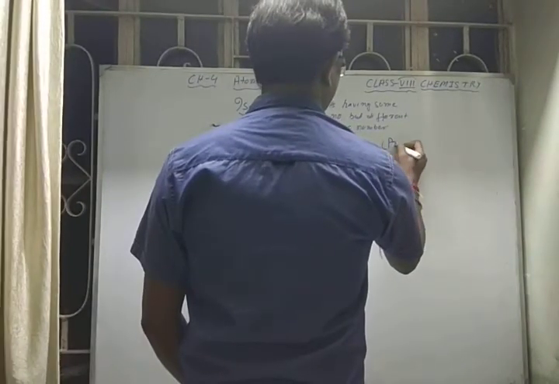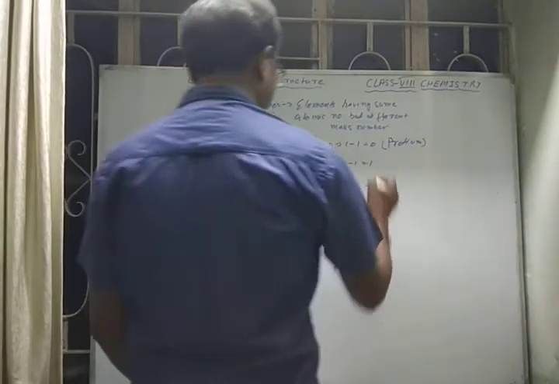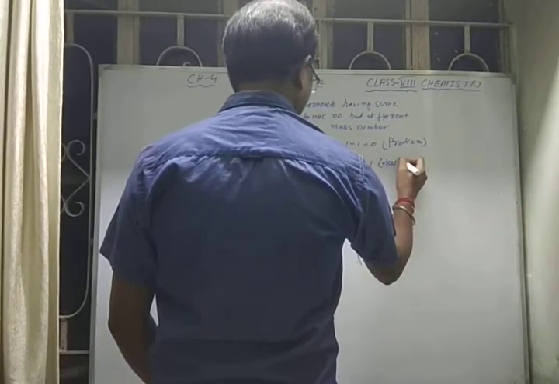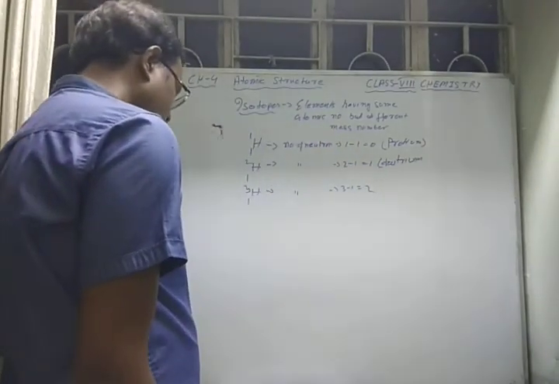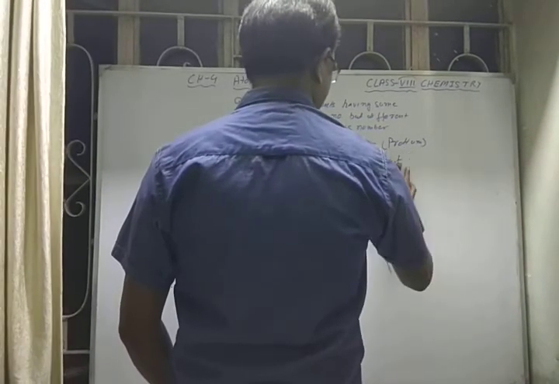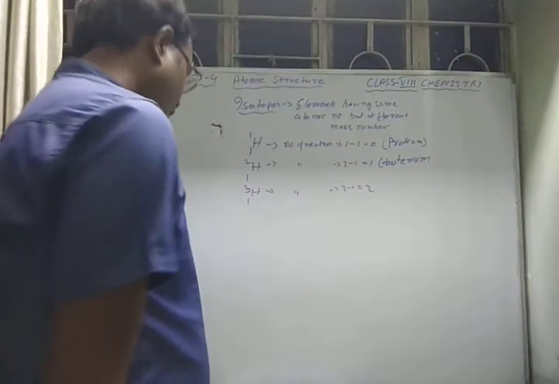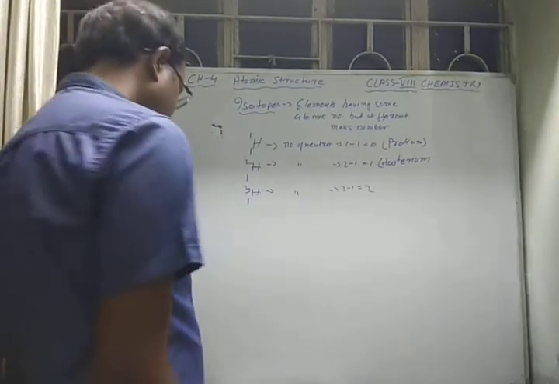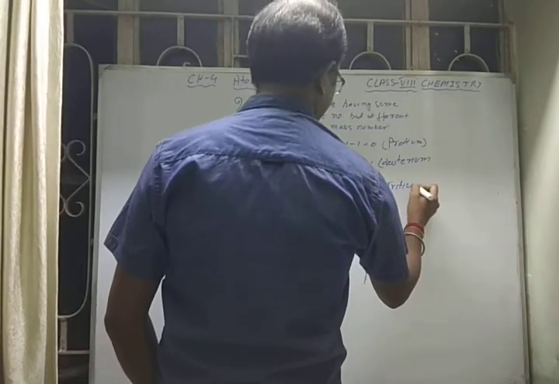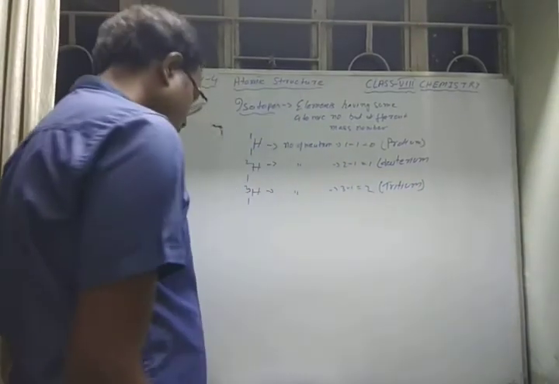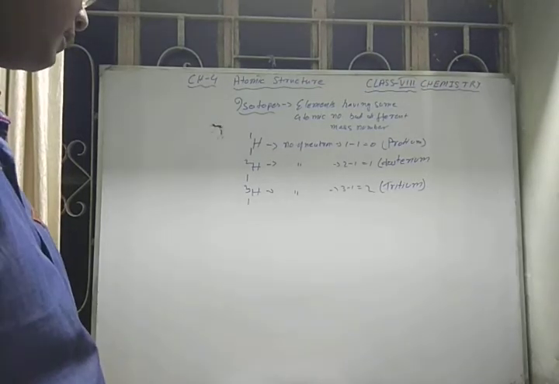The second one is called deuterium, spelled deuterium. And the third one is tritium. So these are the three isotopes of hydrogen, with the same atomic number but different mass number.